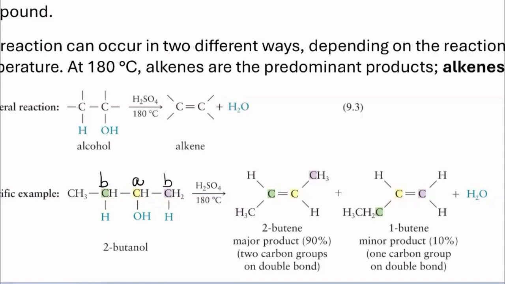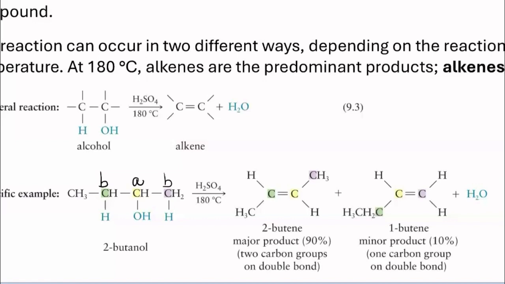It is important to note that when alcohols are dehydrated to form alkenes, and we compare the products 2-butene and 1-butene, in 2-butene the carbon double bond is surrounded by two carbon chains. That is going to be the major product of the reaction.